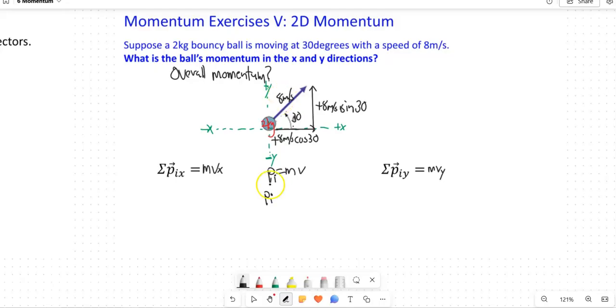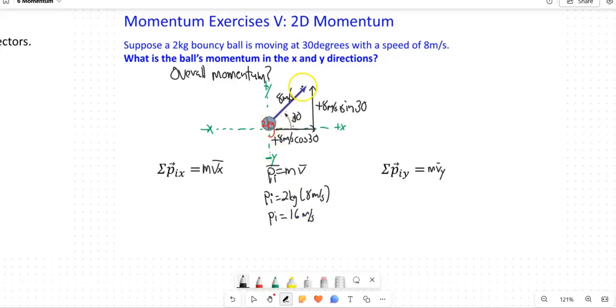You just take the initial velocity that they give you, which is going to be 2 kilograms times the overall velocity, which is 8 meters per second. So this is going to be 16 kilogram meters per second.